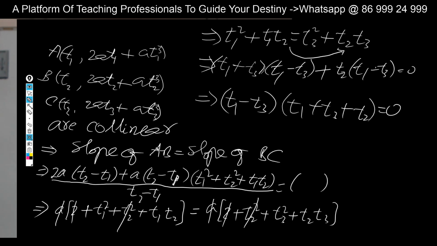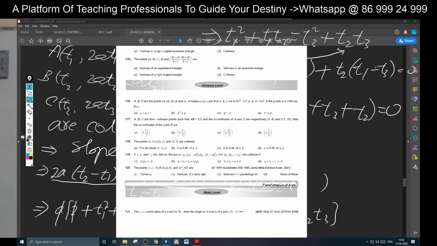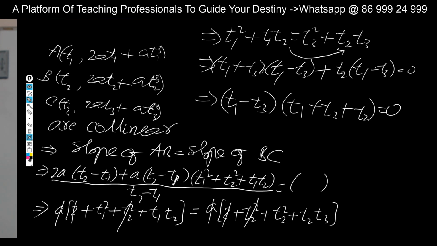Equal to 0. Because he mentioned in the beginning that t1, t2, t3 are distinct. Distinct means they are not equal. Then what is the condition? So for this one, here t1 is not equal to t3. He mentioned in the question. That is the reason why the final answer should be t1 plus t2 plus t3 is equal to 0.